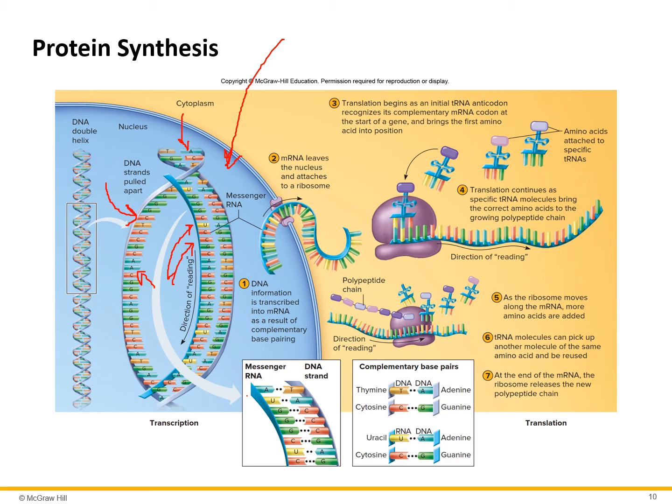Now, as it finishes, it will leave through a nuclear pore and find a ribosome. As it's going through, the ribosome is going to look at the groups of 3, which we call codons. It makes an anticodon and then goes and gets the amino acid that's supposed to be there and brings it back. You see them doing it here, one after another, and then we have a peptide chain being formed.